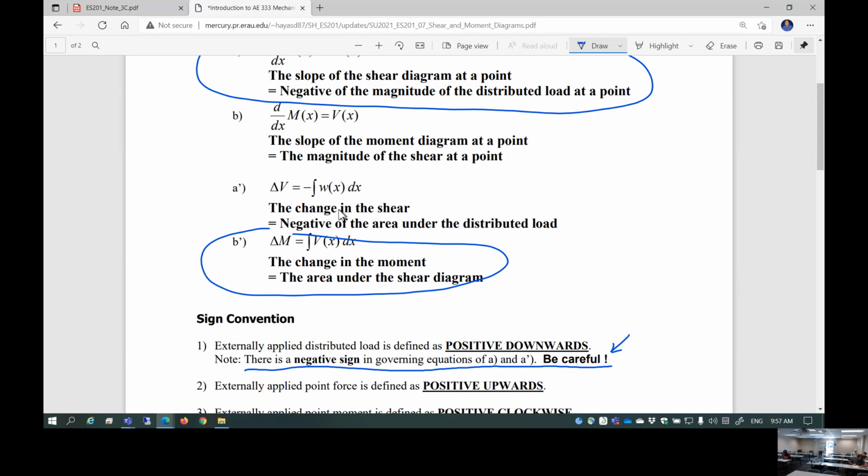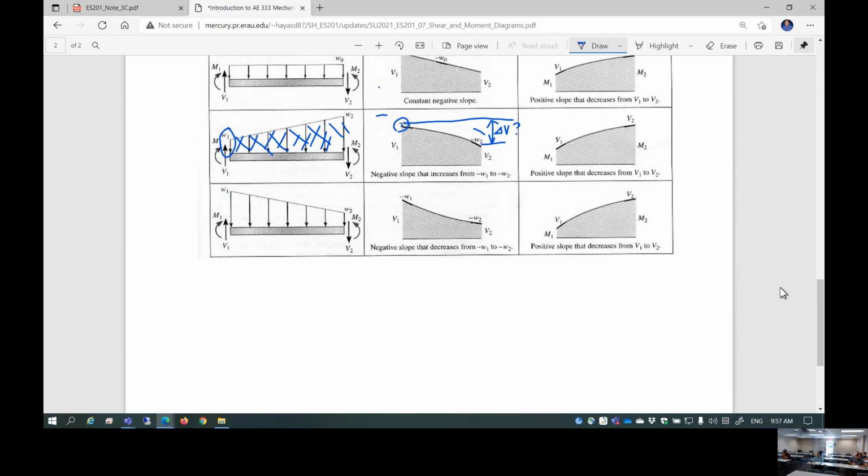So if you figure out the area under the distributed loading and put the negative sign, that becomes the change of shear. The equation says so. Okay? That's delta V. Okay. So this is completely opposite to that. Okay? Beginning with a larger negative slope, ending up with a smaller negative slope. So one is convex, one is concave. But either way, nonlinear change of shear.